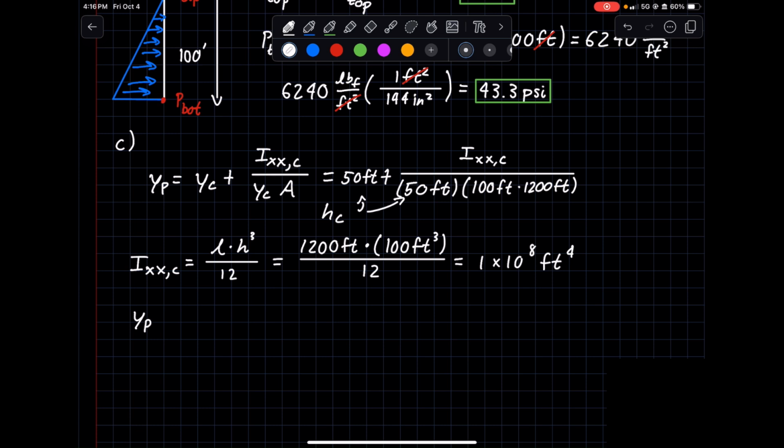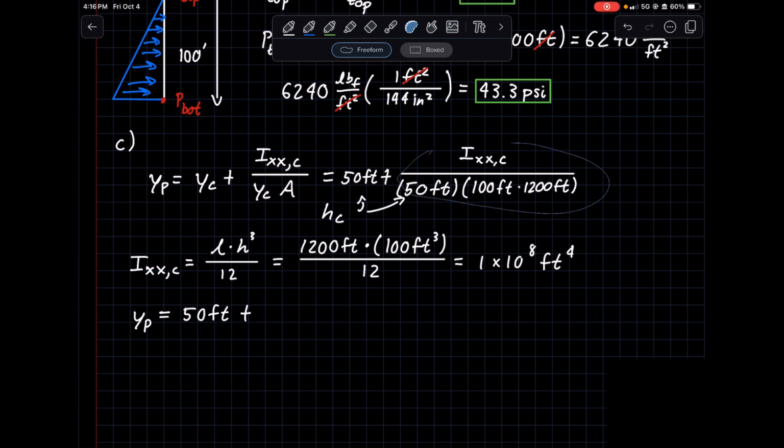So we can go back to that main equation that we've been looking at right up here, and now we can plug in this number for I sub xx comma c. So this is 50 feet plus, actually I'm just going to copy all of this over.